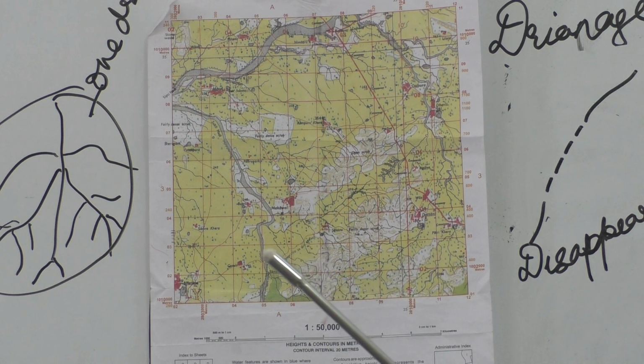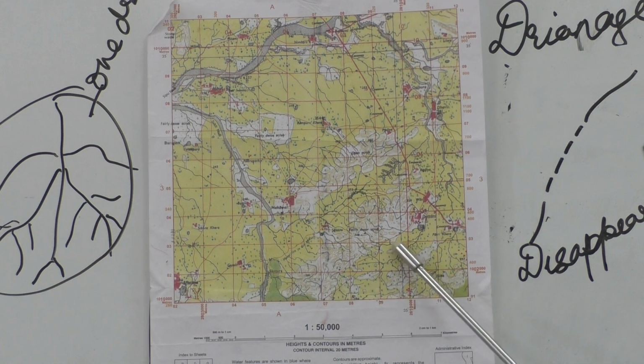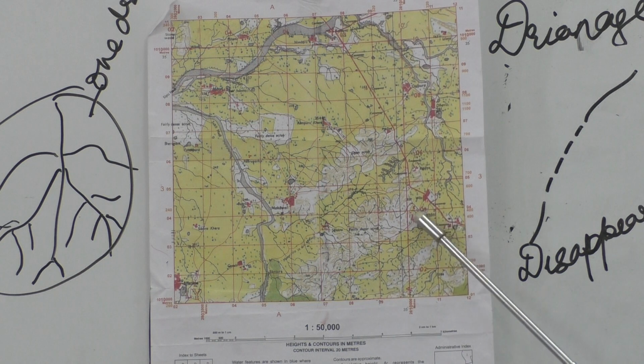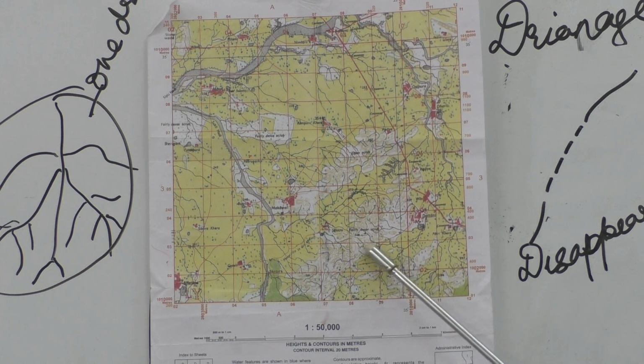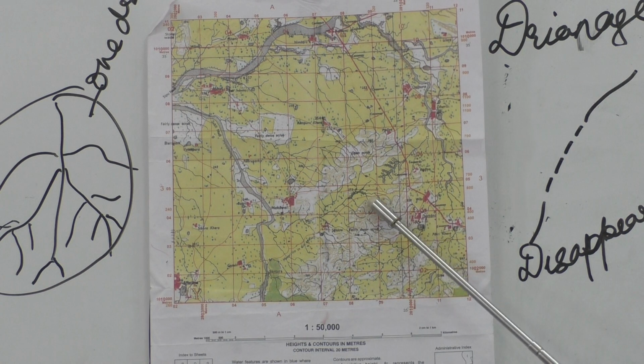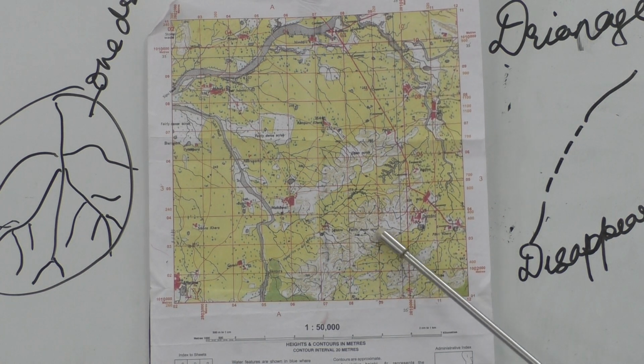Okay, and then if it is a smooth ground, then you will get something like this, which we call dendritic. But if from a hilly area the rivers are moving out, we call it radial.